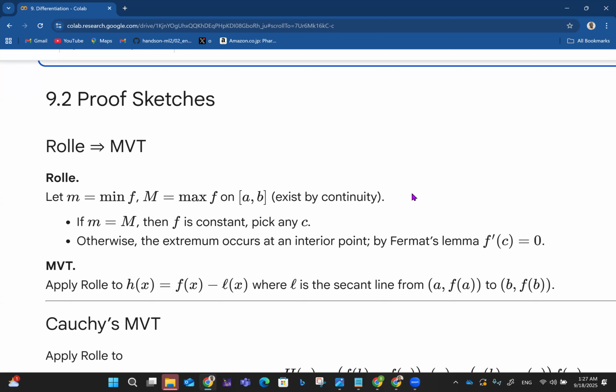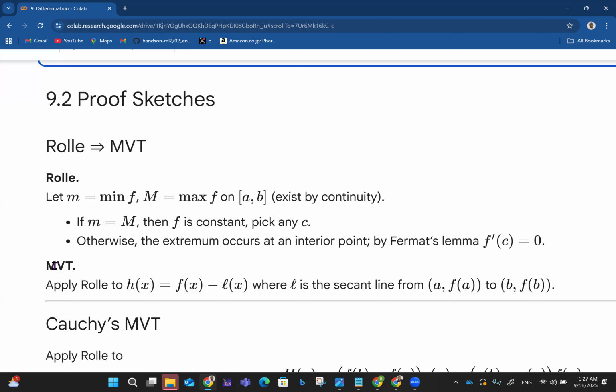If for some reason the minimum value is equal to the maximum value, then f is a constant function, so you can pick any c of your liking. If that doesn't happen, if m is not equal to M, then the extremum occurs at an interior point. By Fermat's lemma, f'(c) will be equal to zero in that case.